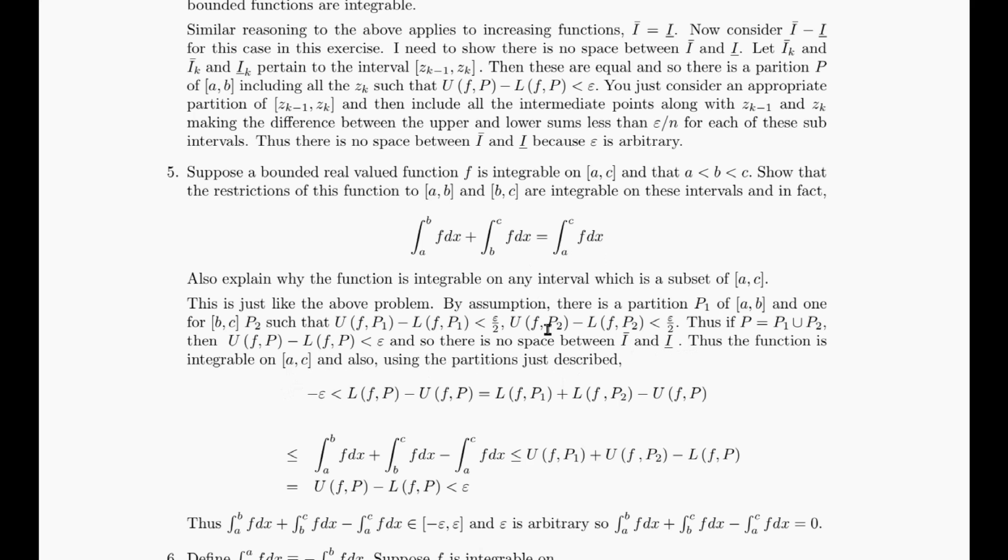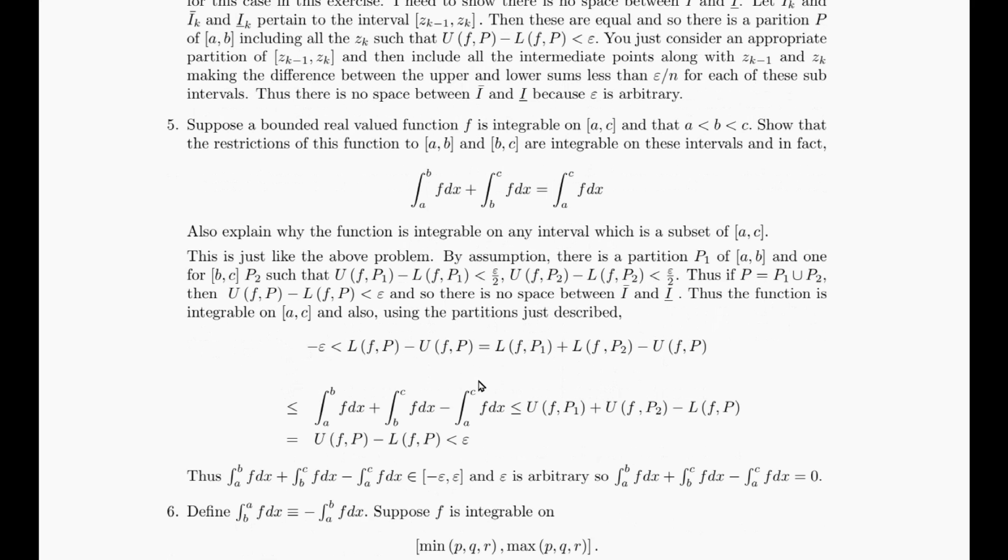And also, I need to now verify that this identity holds with the integrals. Well, I know that this is true, and so minus epsilon is less than this minus this, which is equal to the sum of these two lower integrals minus this upper integral. Now the lower integral is smaller than it should be for this, so I'll replace this one with this one, and things got bigger. And then the upper integral is too large, so I'll replace it with something smaller, and that will make the whole thing larger.